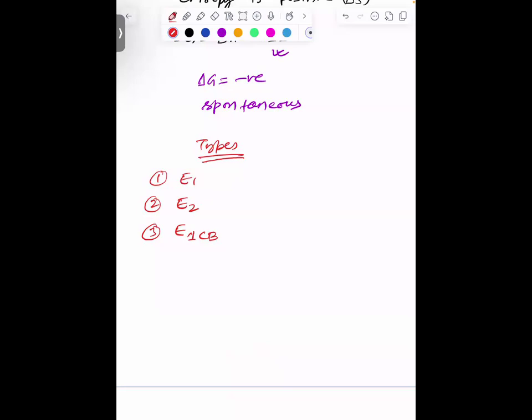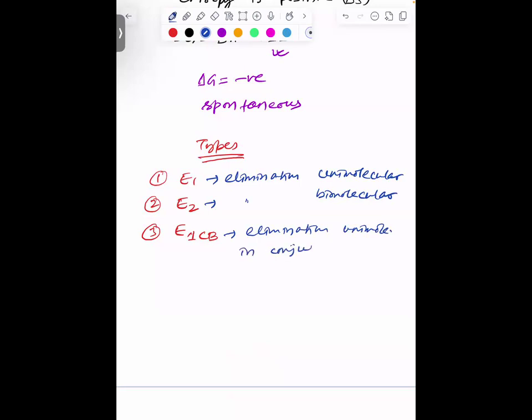Okay, E1CB. So what is E1? Elimination unimolecular. E2 is elimination bimolecular. And E1CB is elimination unimolecular in conjugate base.